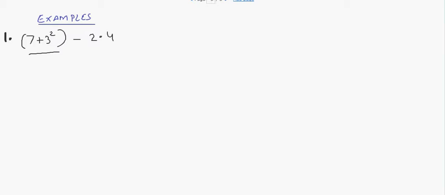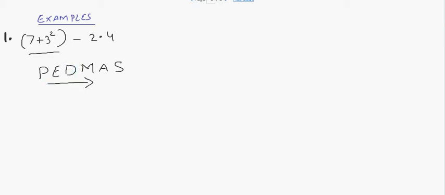So according to our order of operations, which is grouping symbols, which is parentheses, and exponents next, division and then multiplication, and then addition and subtraction from left to right, whichever comes first.